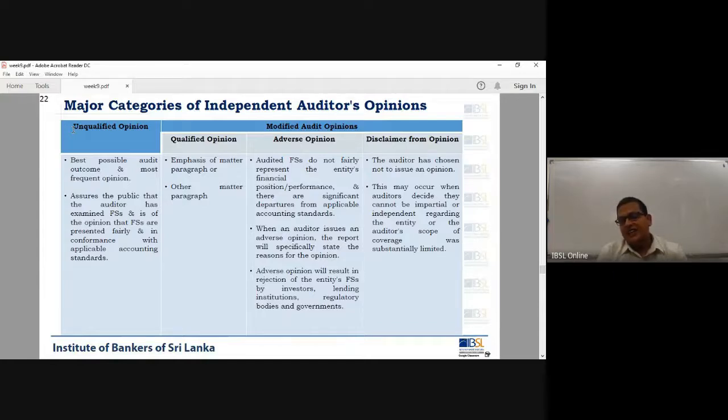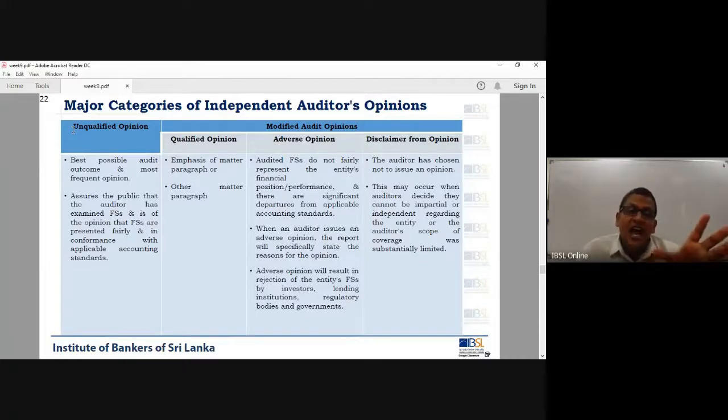An adverse opinion will result in the rejection of the entity's financial statements by investors, lending institutions, regulatory bodies, and government. So this is the second type of modified audit opinion. And the third one is the disclaimer of opinion. They refuse to give an opinion. The auditor has chosen not to issue an opinion.